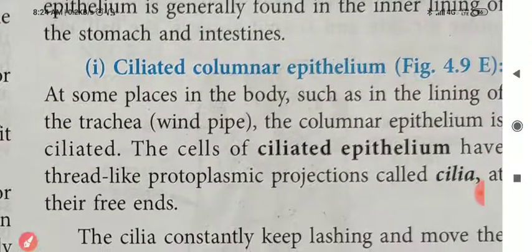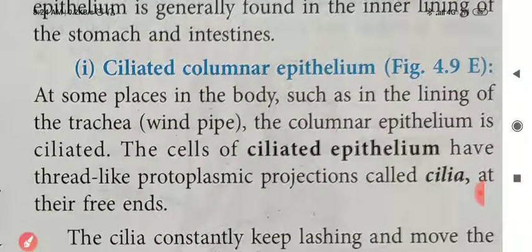Next, ciliated columnar epithelium. At some places in the body, such as in the lining of the trachea, the columnar epithelium is ciliated.